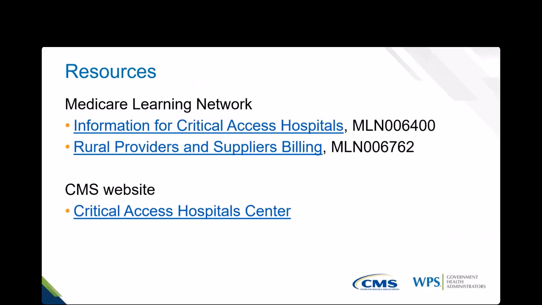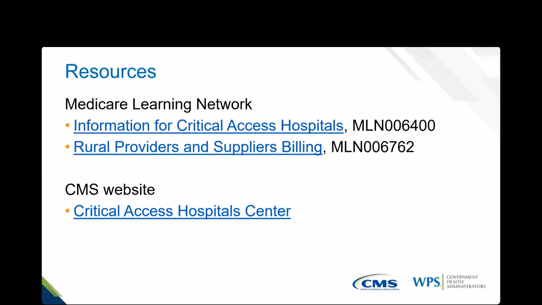The first two are on the Medicare Learning Network, and the Medicare Learning Network is CMS's official source of information for Medicare fee-for-service providers. This first one, Information for Critical Access Hospitals, is what we call the CAH fact sheet. It is a good resource. It's a booklet that has all of the things we're talking about today, and then also links to more information where you can even read more.